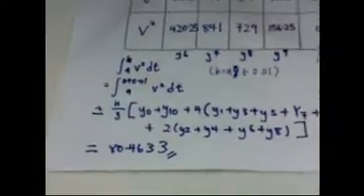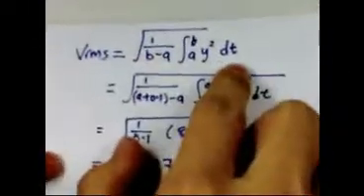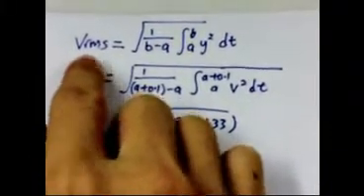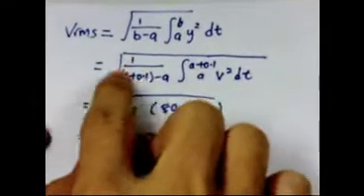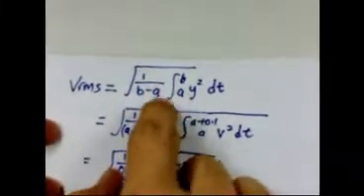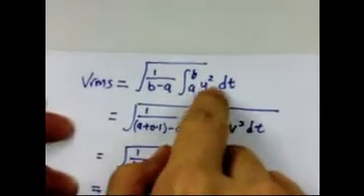Therefore, once we get the first part done, we will find the voltage RMS value, which is the square root of 1 over b minus a, integral from a to b of v squared dt.